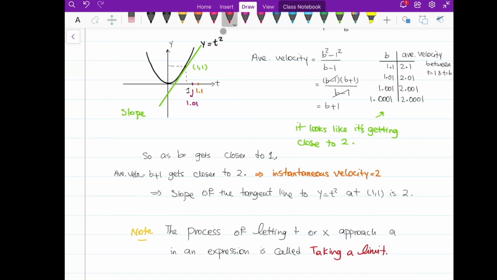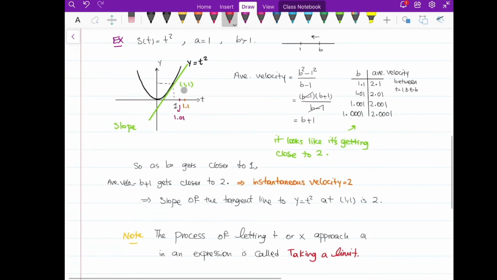Okay, so in this question we basically take the limit of this function when the time t approaches the point 1. We took the limit, and since our function was the position function, we got the instantaneous velocity. We're going to talk about the limit in chapter 2, and that was the idea of the limit.